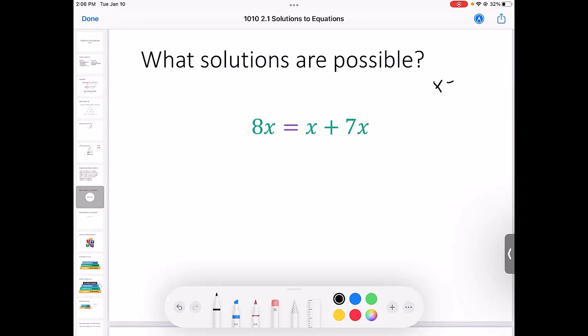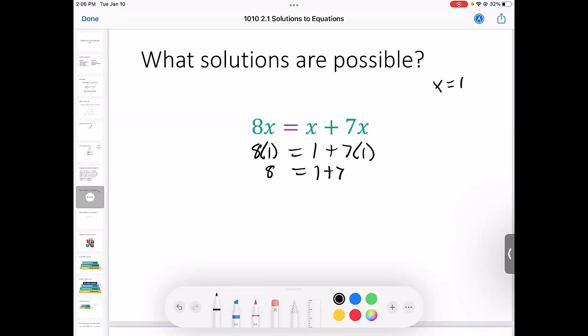Okay, if we try x equals 1, let's test it out and see if it makes the statement true. Because a solution is what you put in for the variable to see if it makes it true. So if we do 8 times 1 equals 1 plus 7 times 1, that's going to be 8 equals 1 plus 7. And that is a true statement. So we at least have this as a solution.